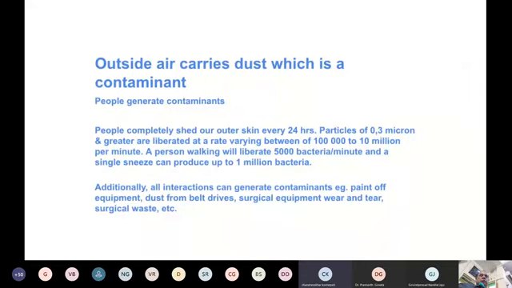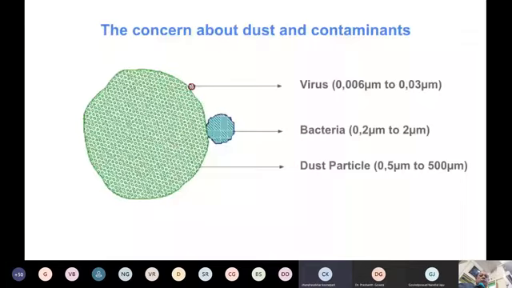Now, people walking liberate bacteria, 5,000 bacteria per minute as per records. And all the interactions generate contaminants: paint off equipment, dust, belt drives, surgical equipment, wear and tear, surgical wastes. The concern about dust and contaminants is that they are very, very small.